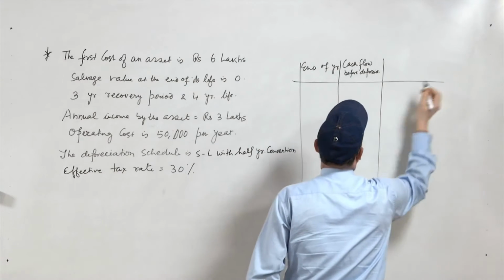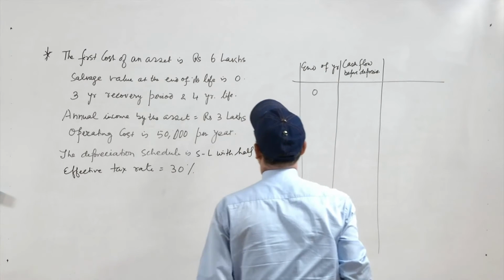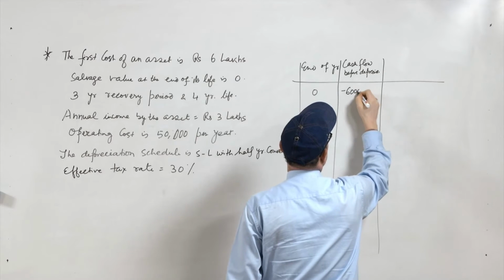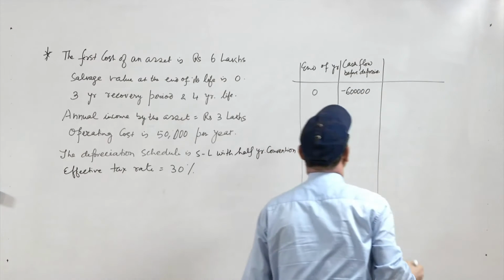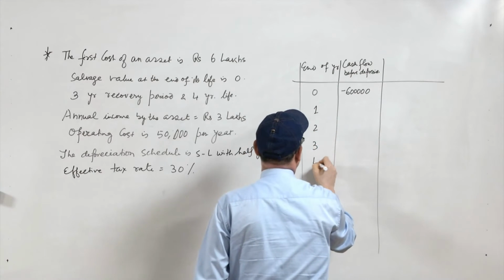In year 0 we have put 6 lakh, then years 1, 2, 3 and 4.